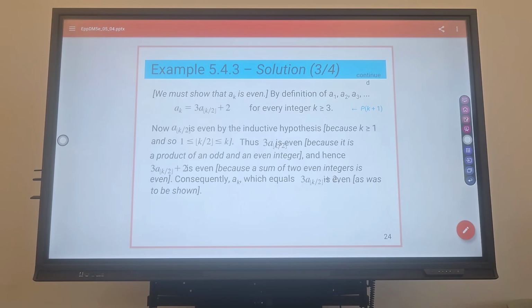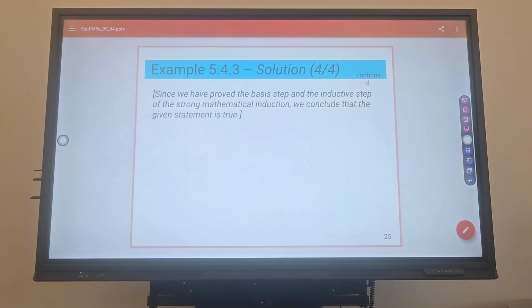Thus, 3 times a sub floor of k over 2 is even because it is a product of an even and an odd integer. Hence, 3a sub floor of k over 2 plus 2 is even because a sum of two even integers is even. Consequently, a sub k, which equals this, is even, as was to be shown. So the given statement is true.